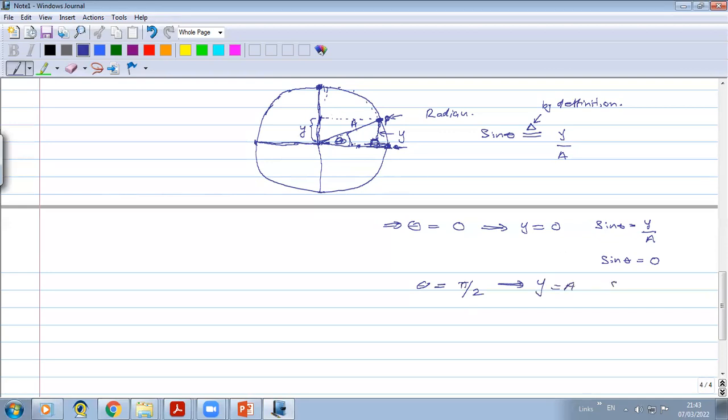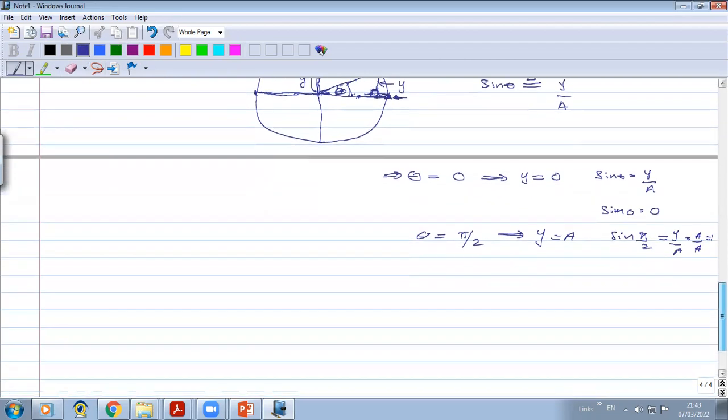So sine 0 is 0. Then sine pi by 2 is equal to y by a, and since y is equal to a, a by a, sine pi by 2 is equal to 1.